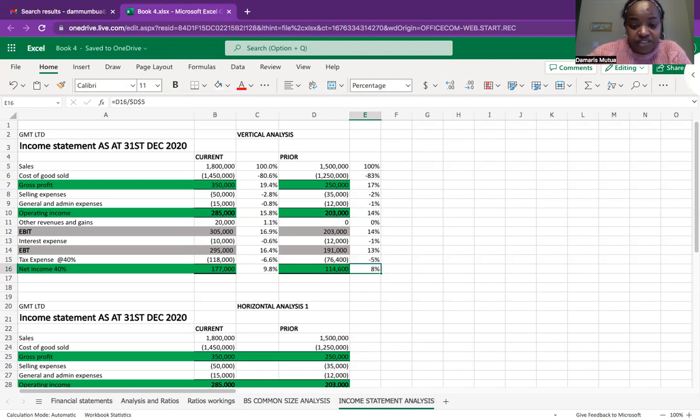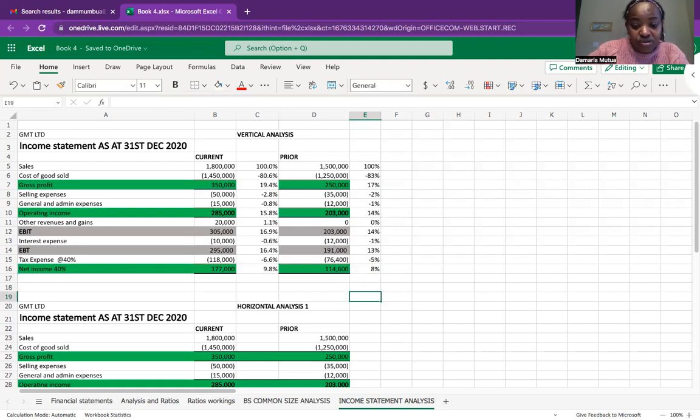The net profit, prior period was 8%, current period is 9.8%. So you are able to analyze with different sizes, the different percentages of the different line items, then you are able to make sound decisions. So that is our vertical analysis with sales as the base.